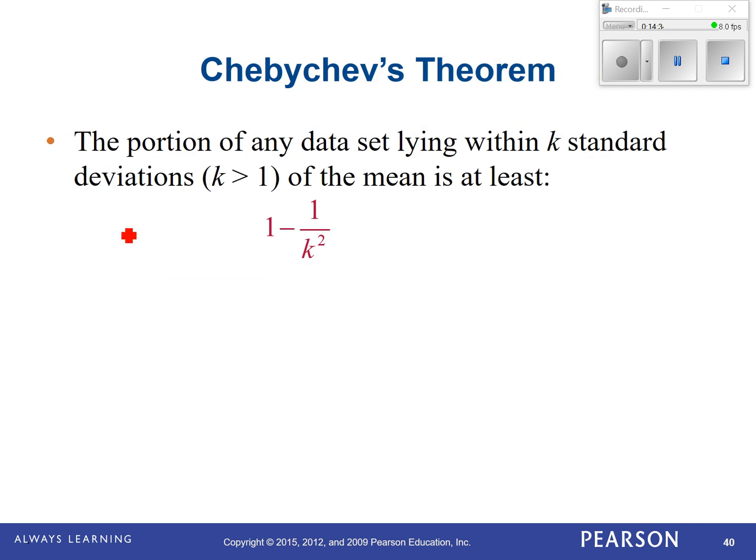I'm not sure how to pronounce this guy's name. Just call him Chebyshev. So Chebyshev's theorem: the portion of any data set lying within K standard deviations of the mean, where K is greater than 1, is at least this formula.